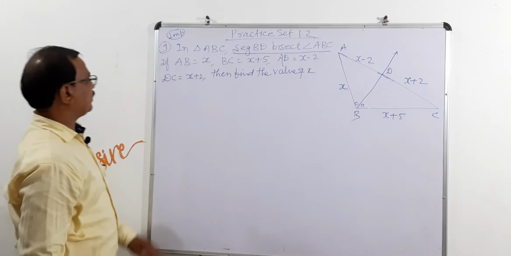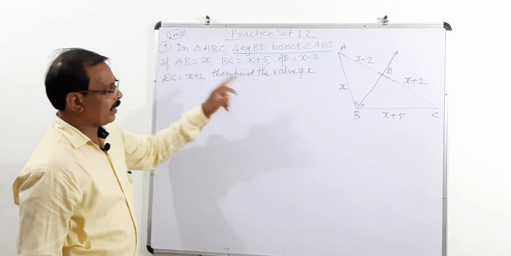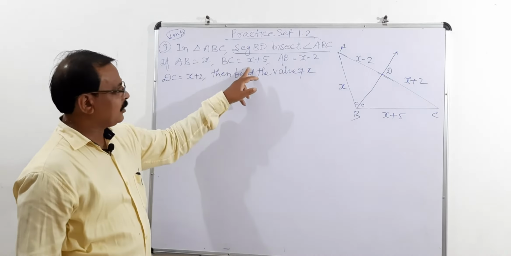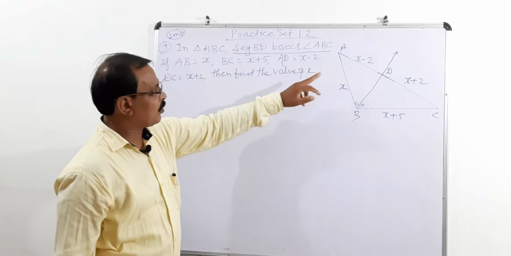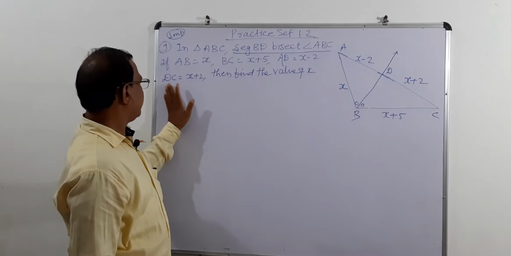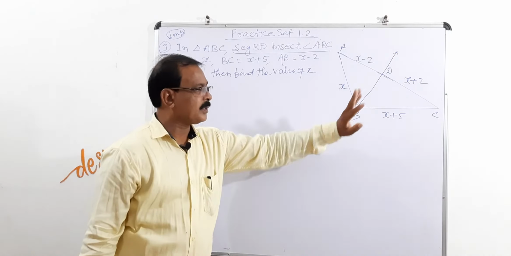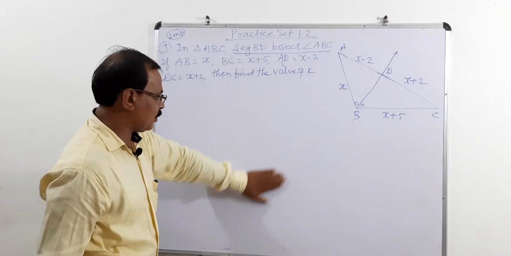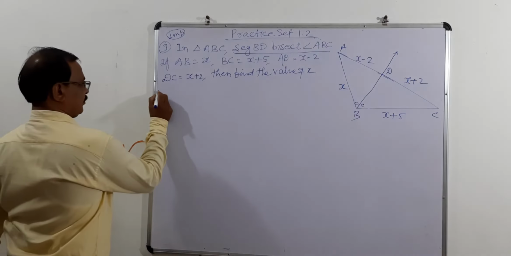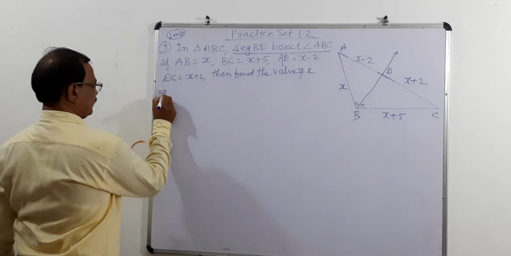This is the angle bisector. If AB is equal to x, BC is equal to x plus 5, AD is equal to x minus 2, and DC is equal to x plus 2. Then find the value of x. X is unknown. How to solve this?